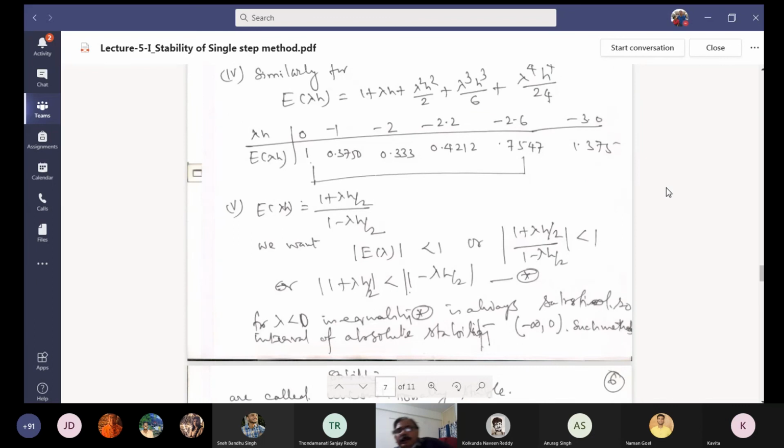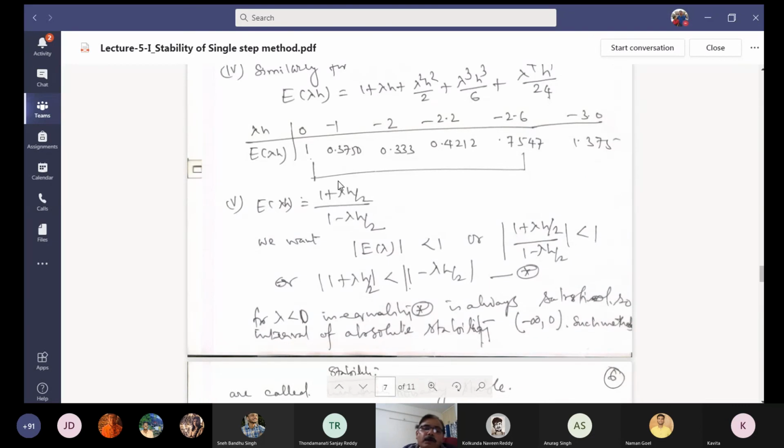Now another form of E of lambda h which we have written is 1 plus lambda h by 2 divided by 1 minus lambda h by 2. This gives a higher order, basically second order method. You may come across it later on; I'm not going to do it at this stage. So we want the magnitude of E of lambda h to be less than 1 for lambda less than 0.